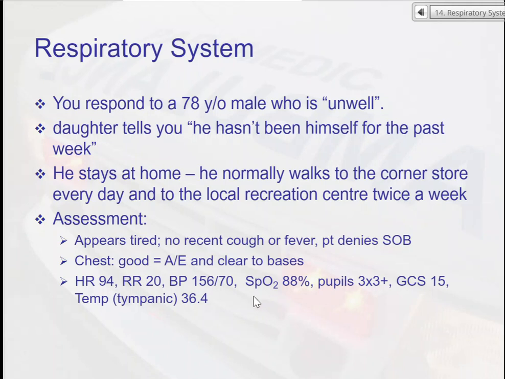But the one thing that stands out here is an unexplained low saturation. In a guy who's feeling generally weak with a low SAT, pneumonia is really high up on your differential diagnosis. So, unexplained general weakness with a low SAT.